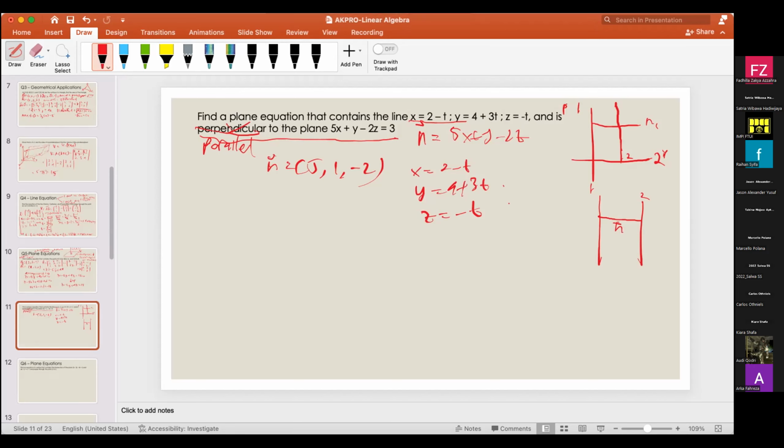And the simplest one is to put t equals to 0, x would be equivalent to 2, y will be equivalent to 4, and z is equivalent to 0. Okay. And so now your plane equation would be 5x plus y minus 2z equals to d. All we have to do is just plug in the values. This is 10 plus 4 equals d, and d is 14. Hence your plane equation is 5x plus y minus 2z is 14.